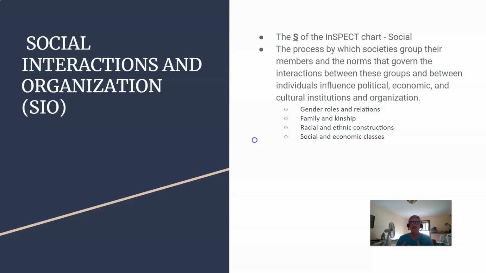So you're going to see that several of these things may play in several different categories. We're looking at gender roles and relations, family and kinship, racial and ethnic constructions, and social and economic classes. And probably the biggest thing is the social and economic classes, as we'll see going forward.